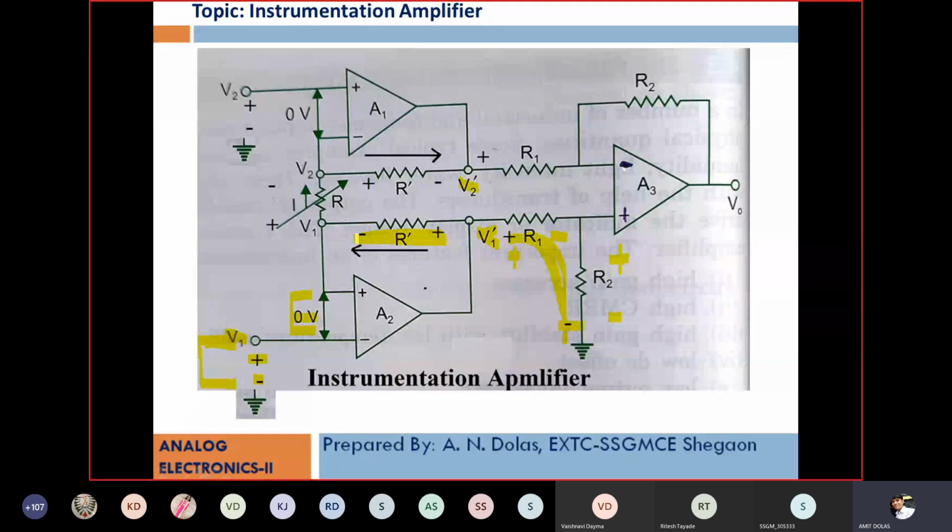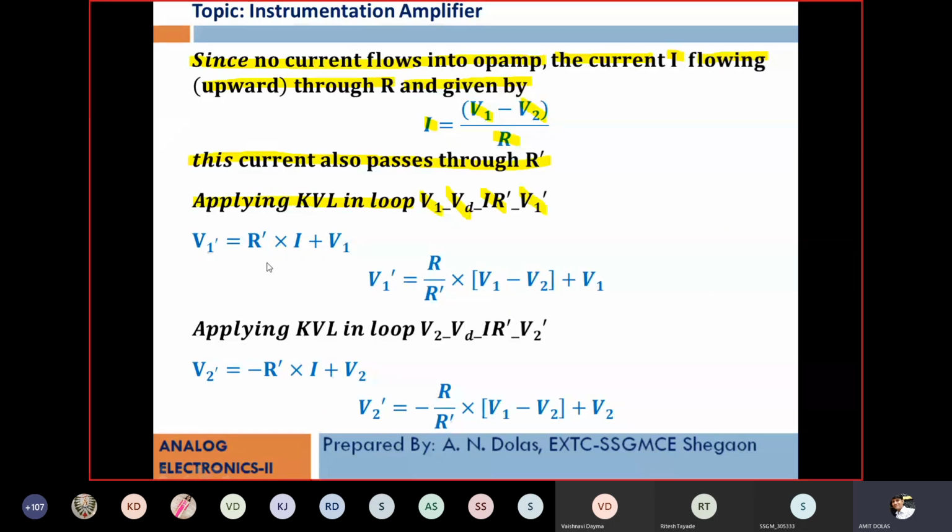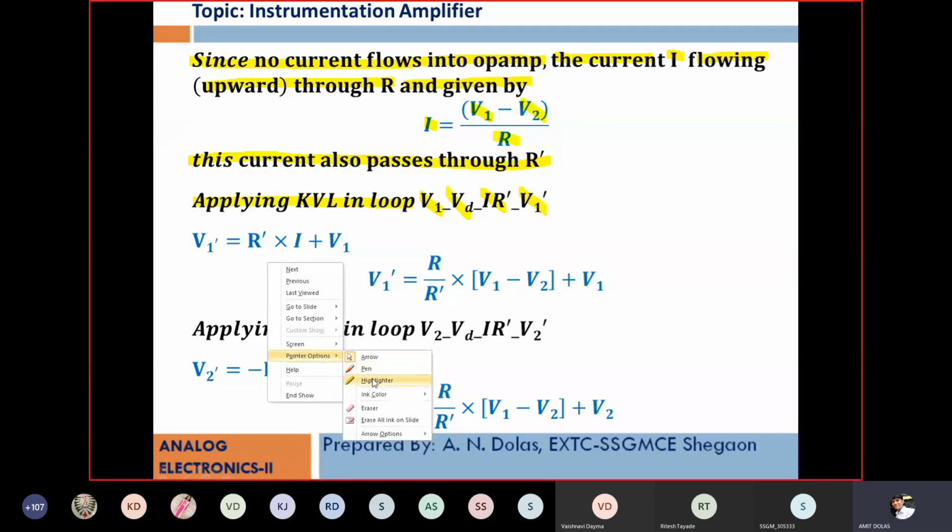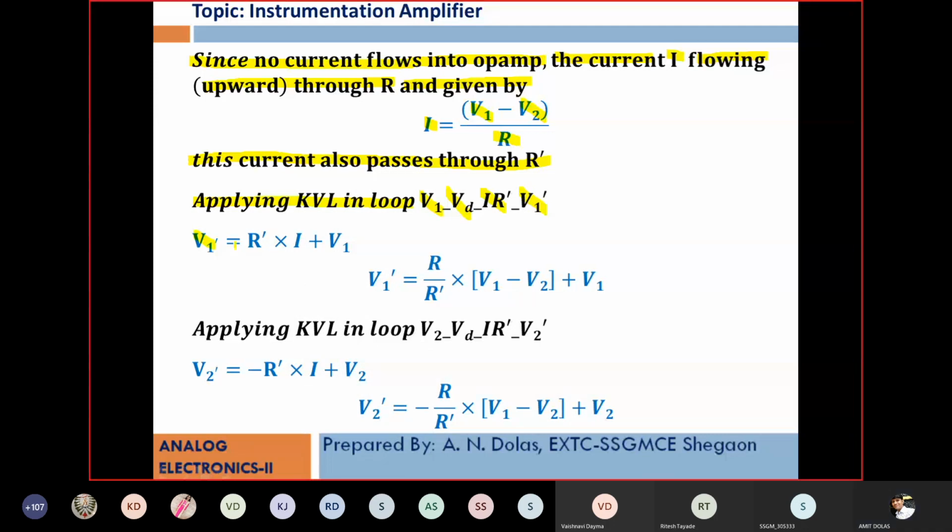Then there is minus sign. So there will be minus I into R because this current is I. So it will be minus I into R dash. और ये plus minus है. So it will be also minus V1 dash. So accordingly, we get value of V1 dash is equal to R dash into I plus V1.